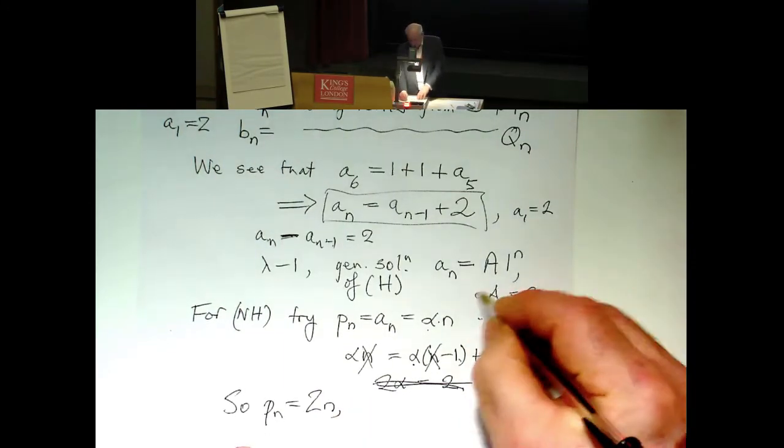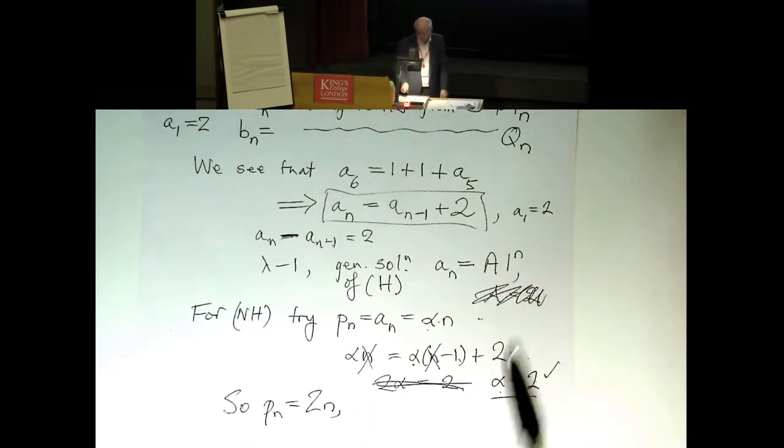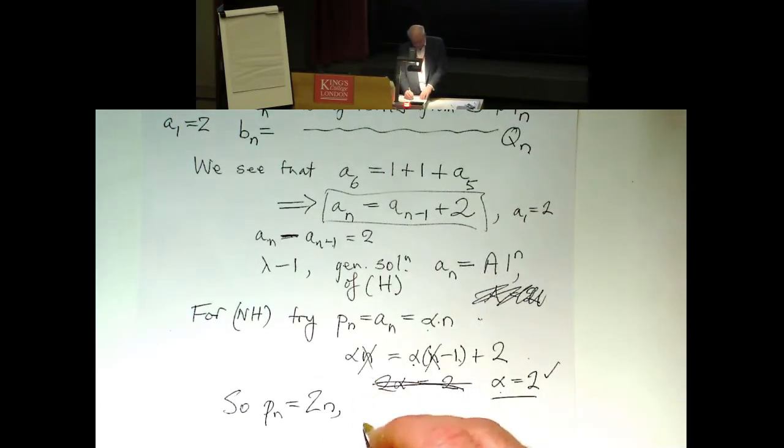I shouldn't have said a is 2 here because I was solving the homogeneous equation. I should have just left the a there, and then we get a is equal to 0. So the final solution is 2n.